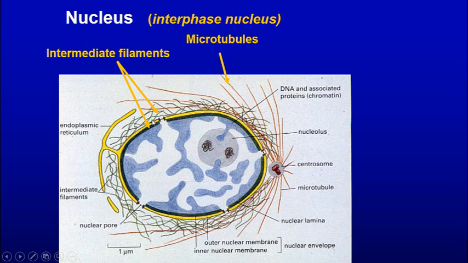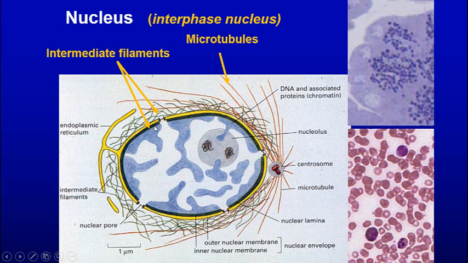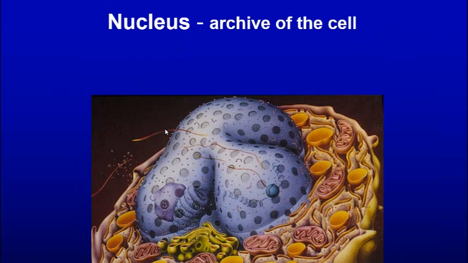Intermediate filaments on the inside as well as the outside. This is the nuclear lamina or the fibrous lamina, and that has intermediate filaments associated with it as well. And so the intermediate filaments help stabilize the nuclear envelope as they're on both sides of the nuclear envelope. So the nucleus is the archive of the cell.